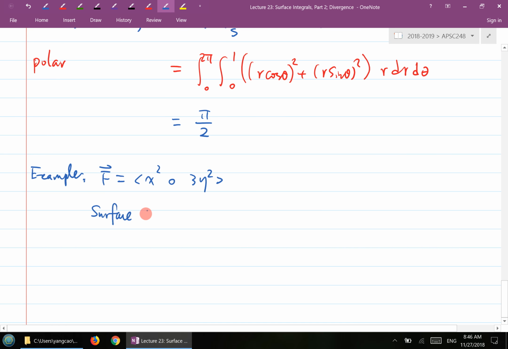Surface S is x plus y plus z equal to 1 in the first quadrant. And integrate to get the total flux over that part of the surface.